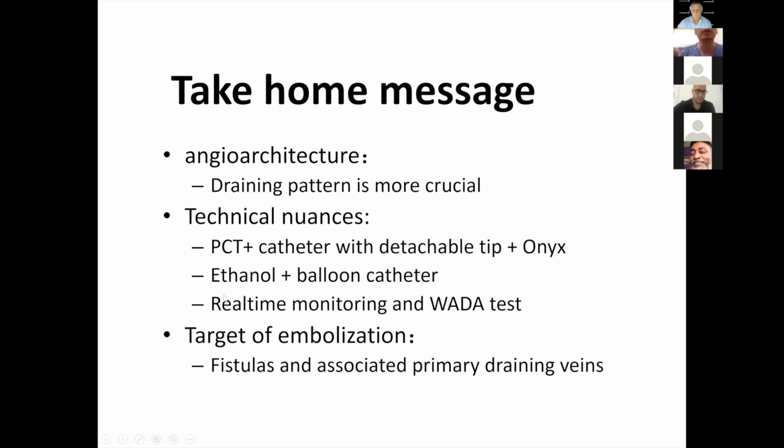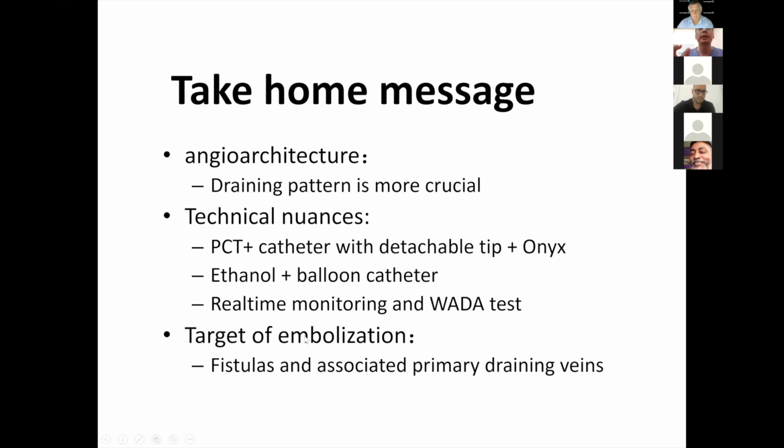When you want to use the ethanol to obliterate bAVM, the balloon catheter to achieve an inflow arrest is often helpful. For some bAVM of eloquence, real-time monitoring and the Wada test is mandatory.